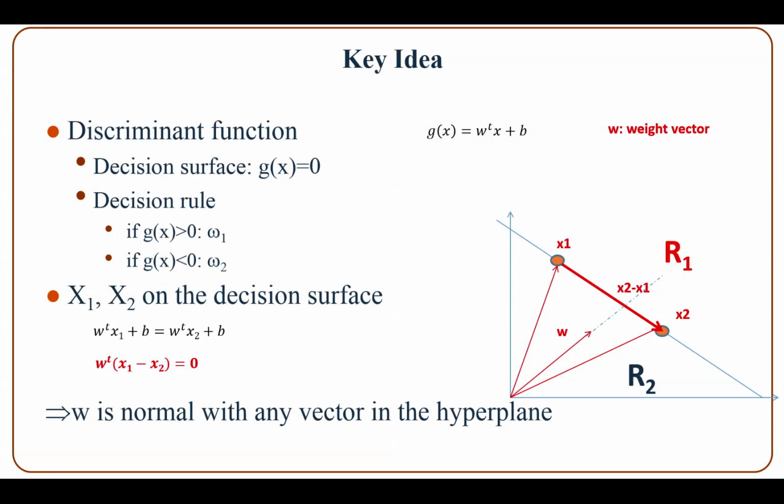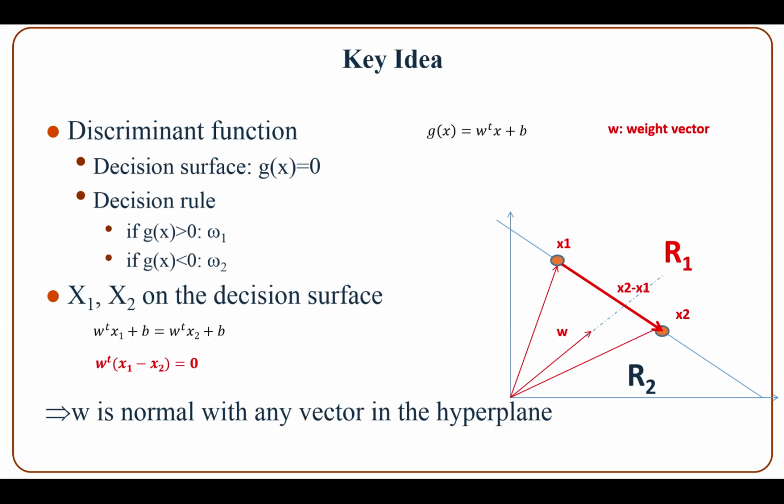The discriminant function g of x is in the form of w transpose x plus b. W is the weight vector. On the decision surface, g of x is equal to 0. For a given point x, if g of x is greater than 0, then we classify x as class 1. And if g of x is less than 0, then we classify x as class 2.